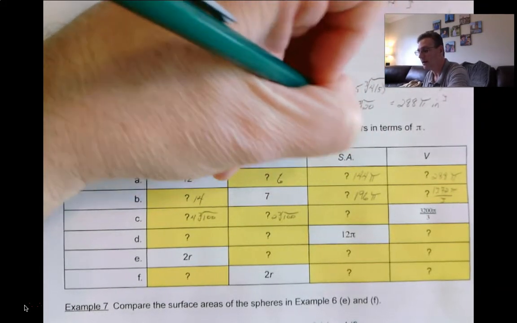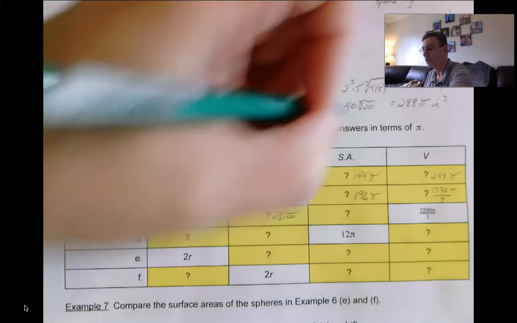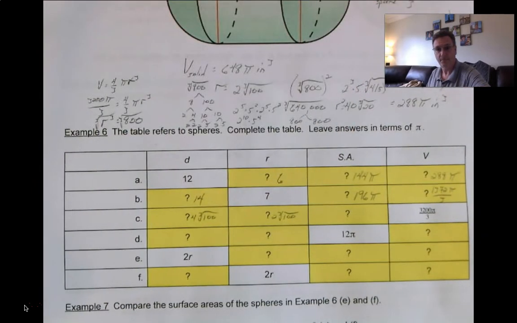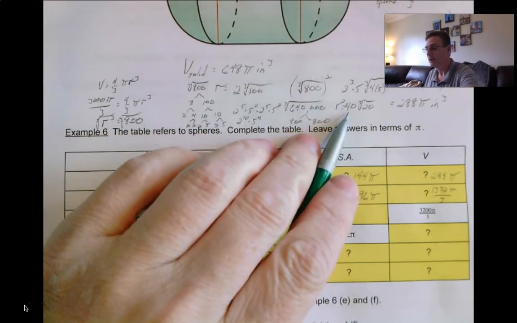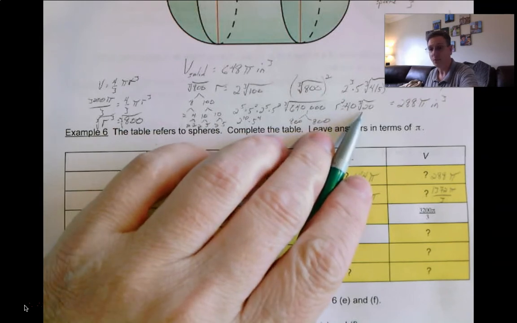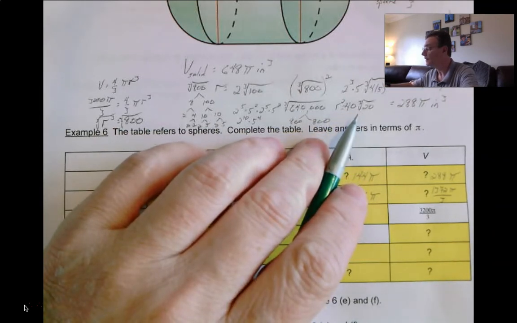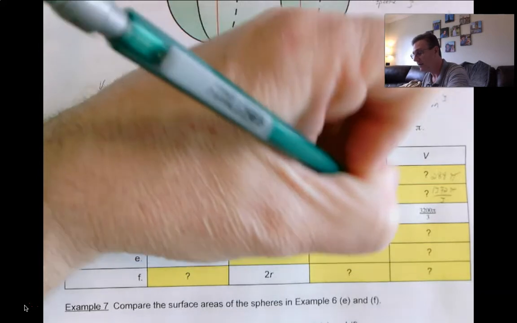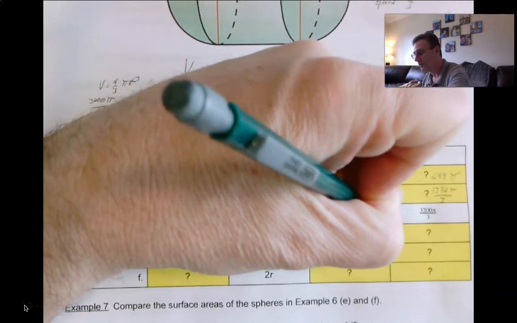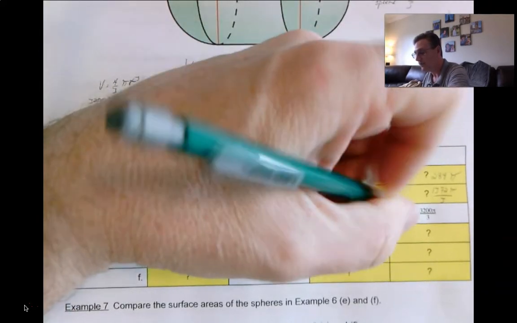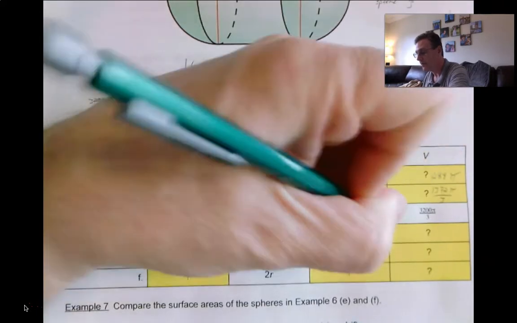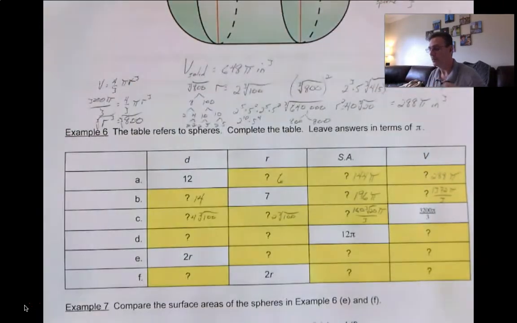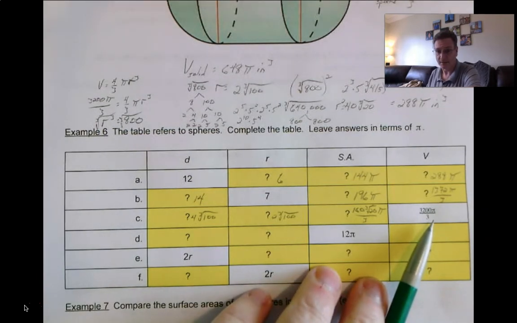This is my r squared. Now I have to multiply this times 4 thirds, so 40 times 4, 160 cube root of 20 over 3 for the pi. Again, you will not have to do anything that difficult.